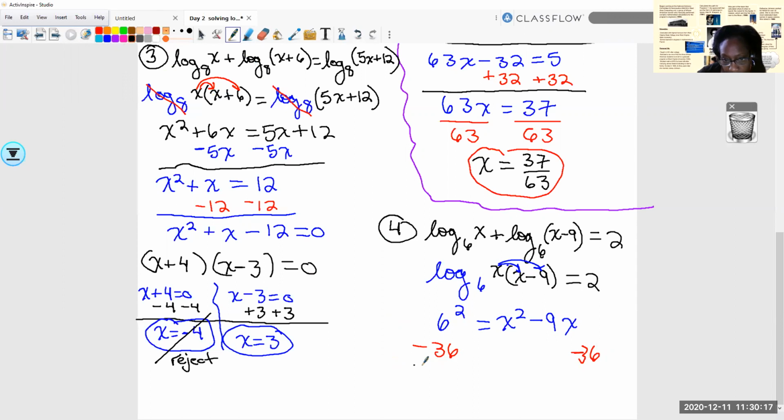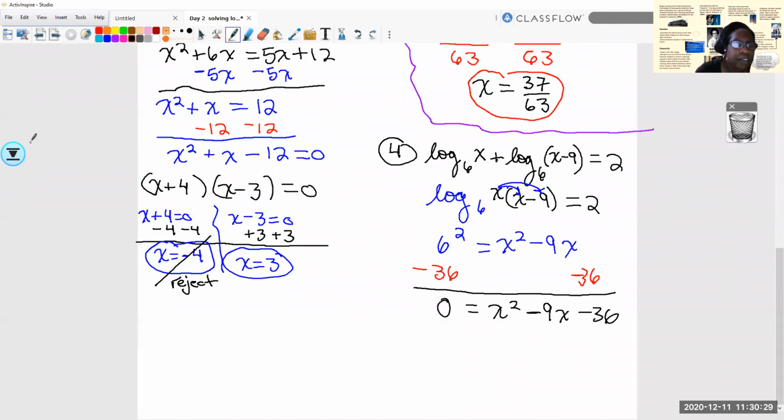Summation line. We get 0 equals x squared minus 9x minus 36. All right, 36 is a big number. There's a lot of factors. We want whatever pair we have to equal 9, or -9.